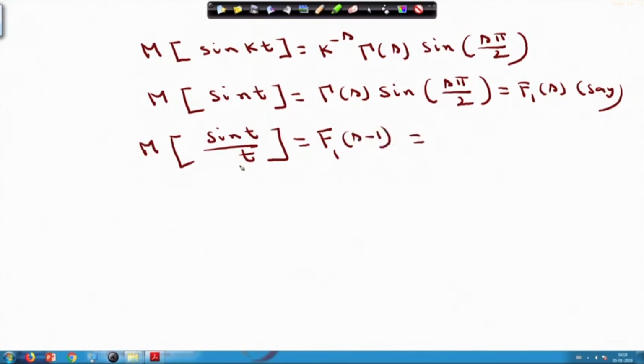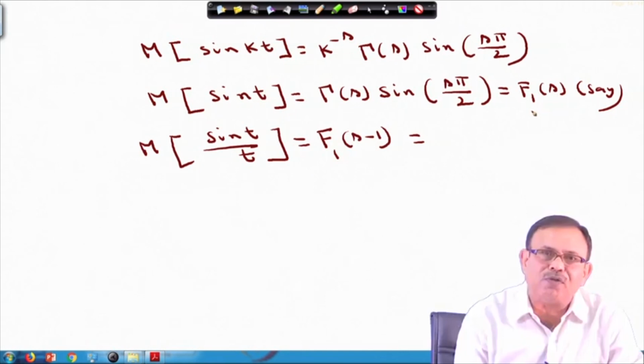Mellin transform of sin t, if Mellin transform of sin t is f 1 s, then Mellin transform of sin t will be f 1 s minus 1, and already I know what is f 1 s.